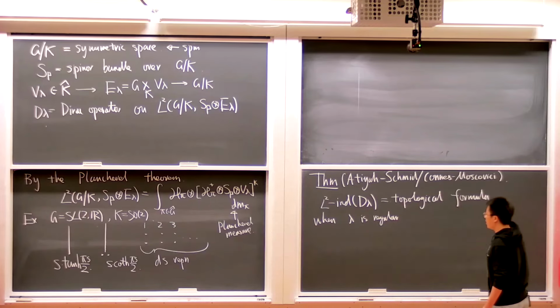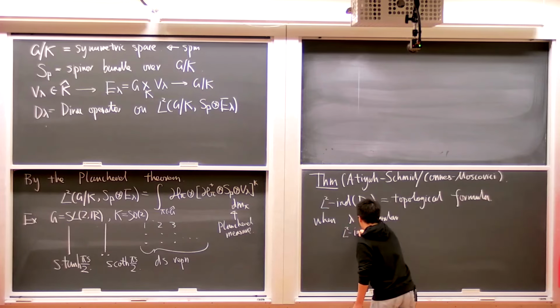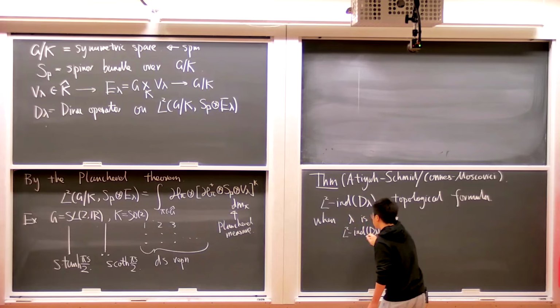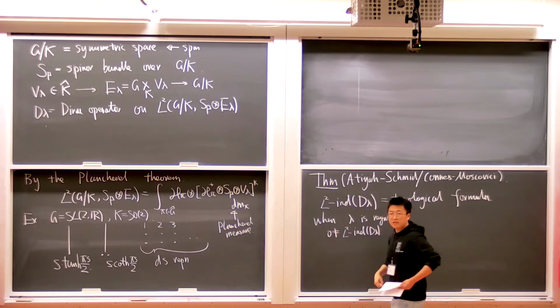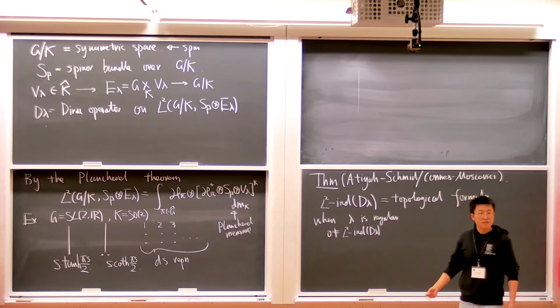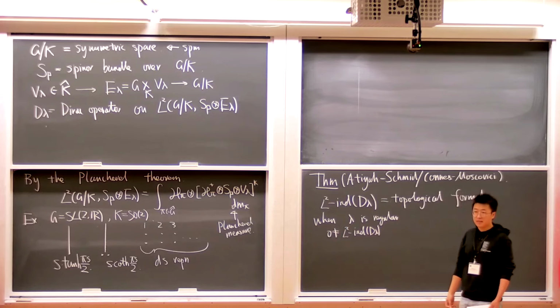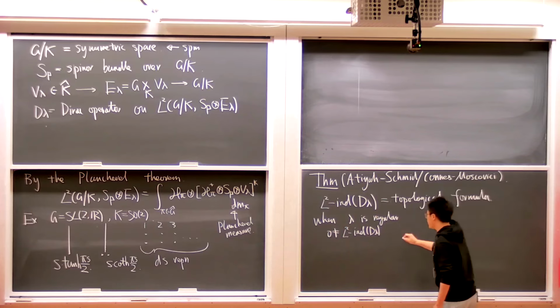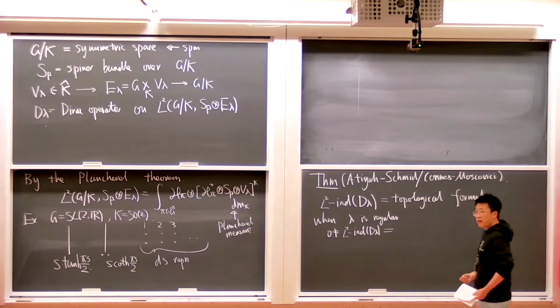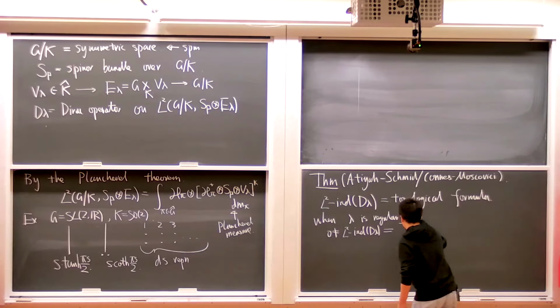So if it is regular, then what they showed is that this index is non-zero. If it's non-zero, it means that something contributes to the kernel. In fact, this implies the existence of a discrete series representation of G. Let me write down the formula, because I will get back to this formula later on.